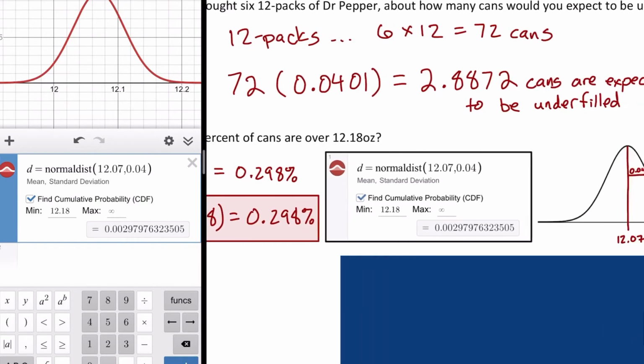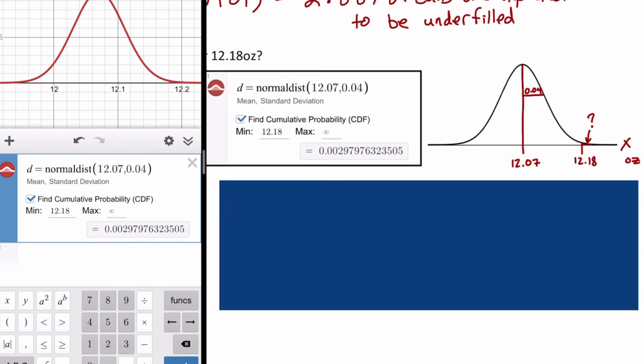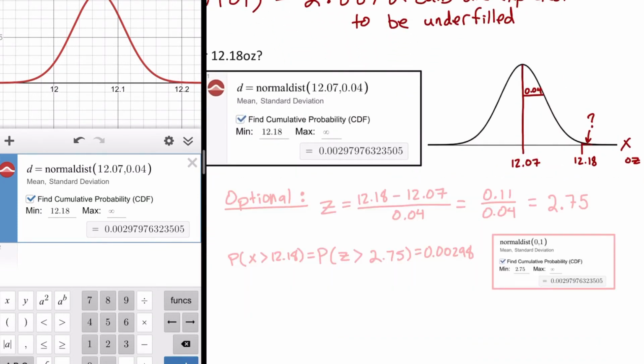And again, optionally, just to see this work again using z-scores, I could convert my 12.18 into a z-score by subtracting the mean divided by the standard deviation. And when I do, I get 2.75, which made sense when I skip counted by 0.04s, and I knew that 12.18 was just a little bit less than 3 standard deviations above the mean, and that's what we get.